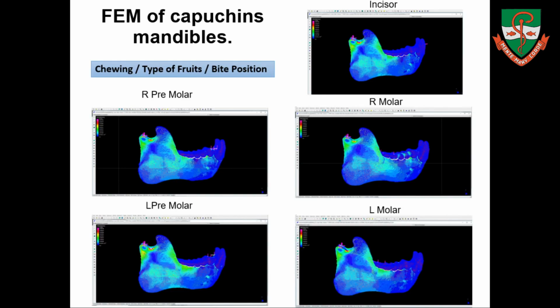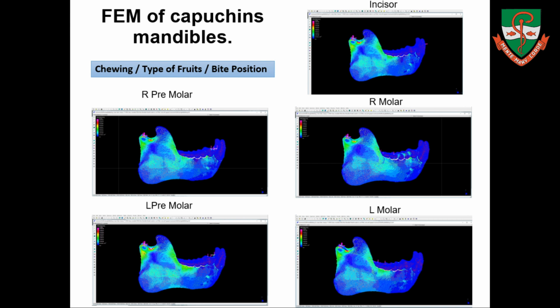Sorry. And here we now have the lateral view of all the models of the finite element Kapteyn's mandible. What we did was change the type of fruit and the bite position. For example, in the first figure we have the incisor, and here I think it's brick strain.